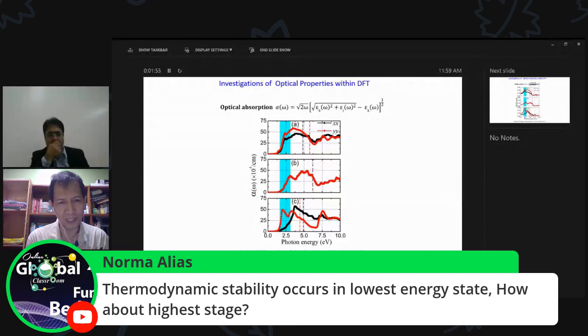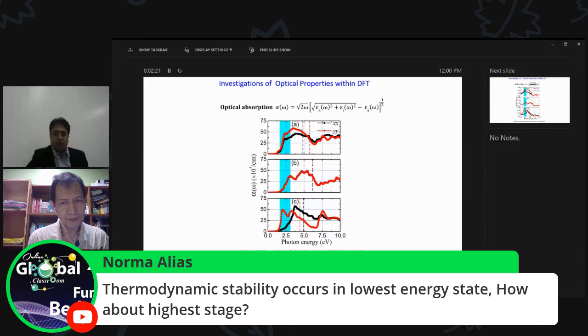Okay, one more time, the question, right? Thermodynamic stability occurs in the lowest energy state. How about the highest state? That's what the question asks. Probably asking what about the highest energy state, if I understand correctly from the question.